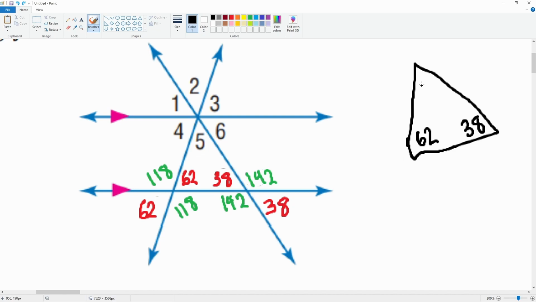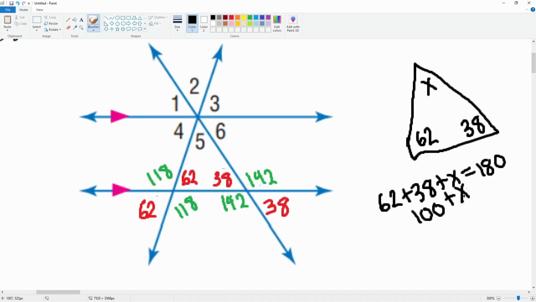So we can say this is just x. So we know 62 plus 38 plus x has to be equal to 180. So we can do 62 plus 38. This gets you 100 plus x is equal to 180. If we subtract 100 from both sides, we now get x is equal to 80. That is how we get right here as the value of 80.